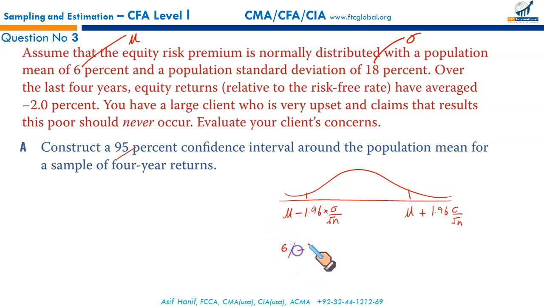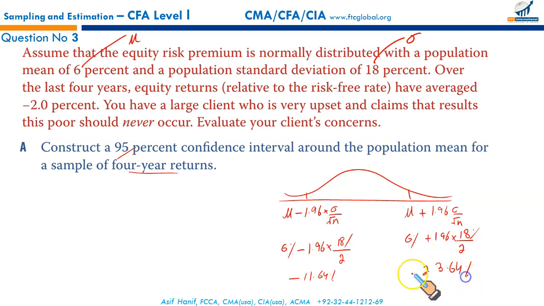6% minus 1.96 times 18% upon the square root of 4, n is 4, so it's 2. When you simplify this all, it will give you negative 11.64%. Do the same thing, 6% plus 1.96 times 18% upon 2, it would give you 23.64%.